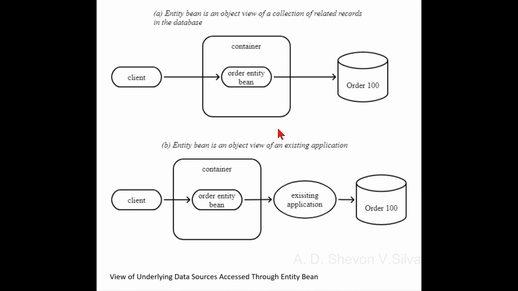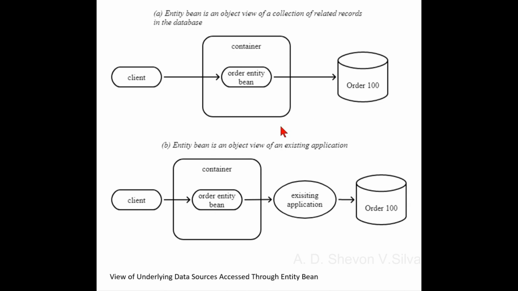It is the responsibility of the deployer to map the abstract persistent schema of a set of interrelated entity bean classes into the physical schema used by the underlying data store, for example, into a relational schema by using the container provider's tools.